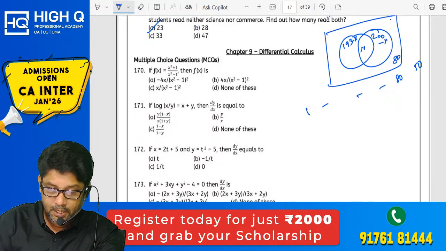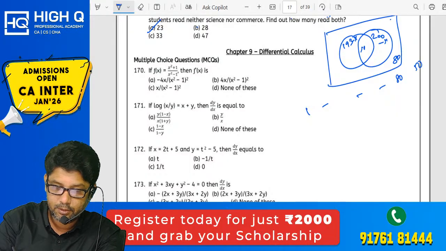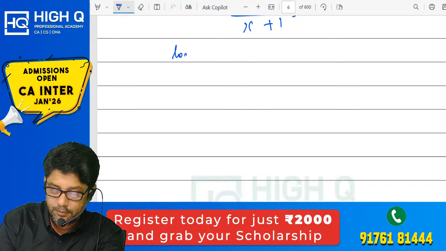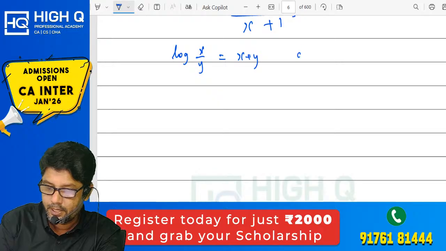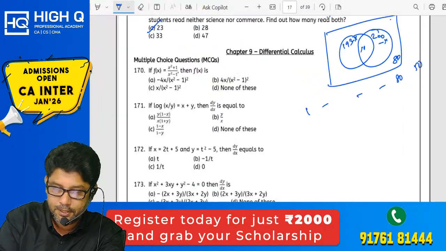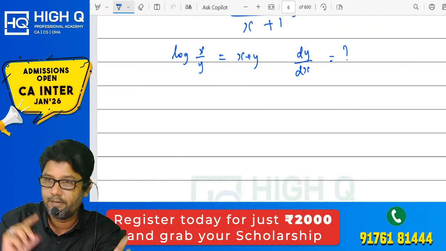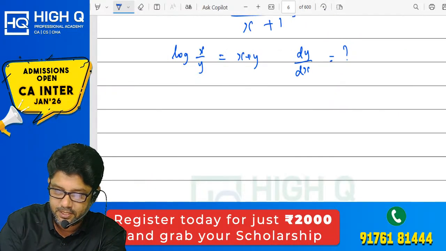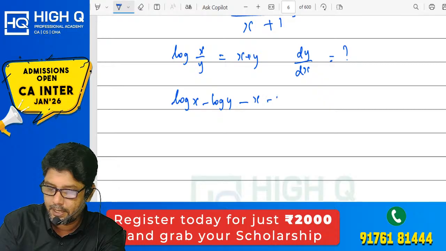Okay, next one: log of (x by y) is equal to x plus y, then find dy by dx. This is called an implicit function. And look at the options: options are in terms of x and y. That means I will give you one shortcut. First step, log (x by y) is log x minus log y, minus x minus y equal to 0.